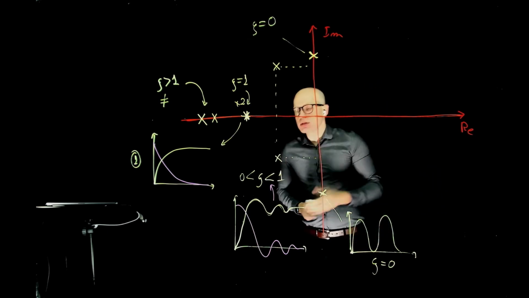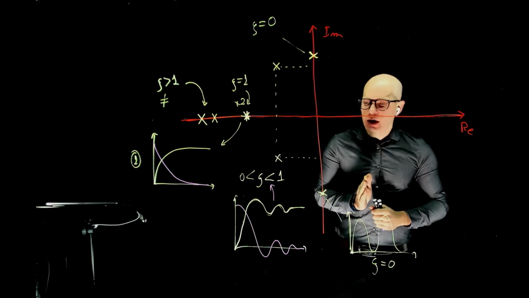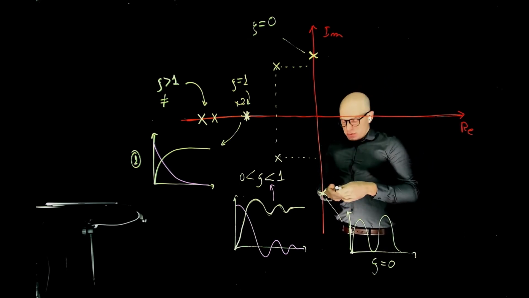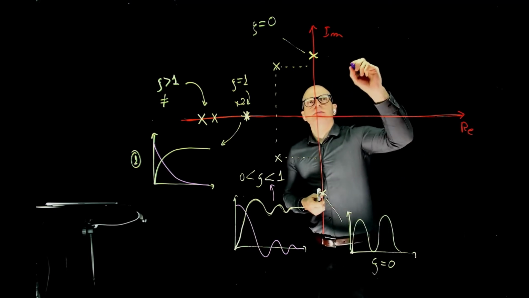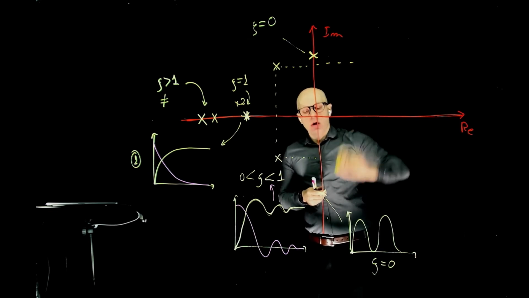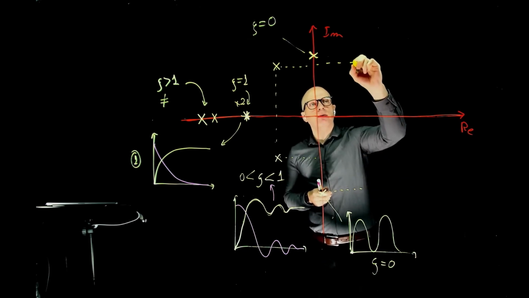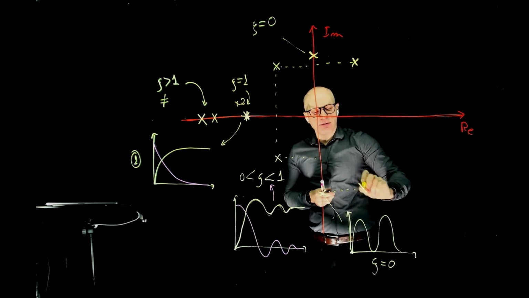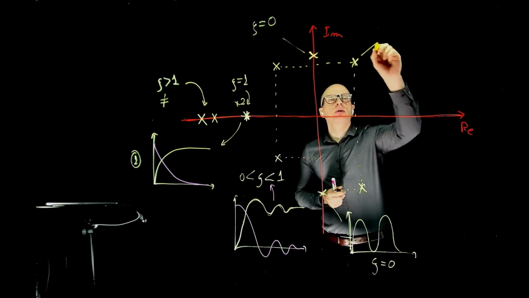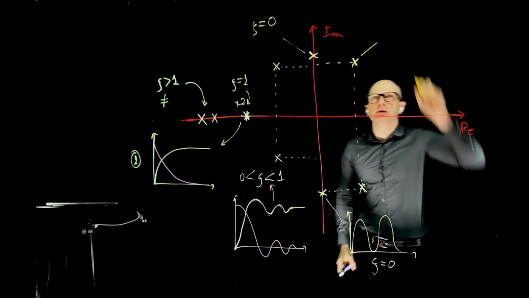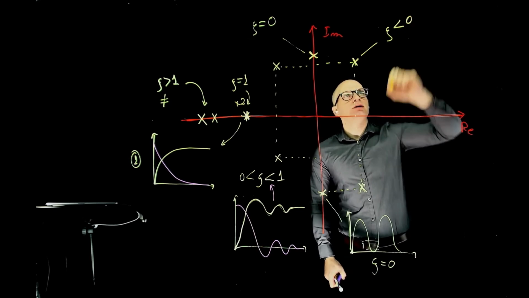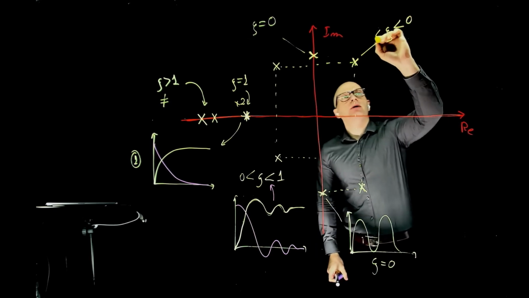If you keep decreasing zeta now to a point where we are less than 0, but it's still greater than -1, we are breaking into the unstable zone, because now the poles have both the real and imaginary component, but now the real component has a positive real part. So this would be the case where zeta is smaller than 0, but greater than -1.